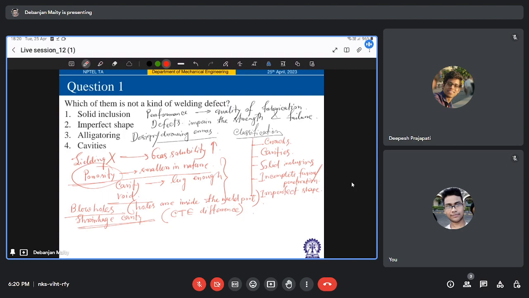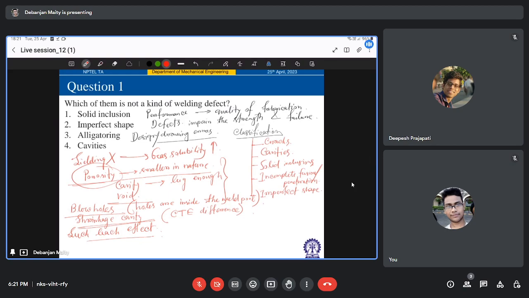So we have seen that there can be lack of fusion and lack of penetration, where you are not able to penetrate properly, and then you have the suck back effect. That phenomenon may also be there.